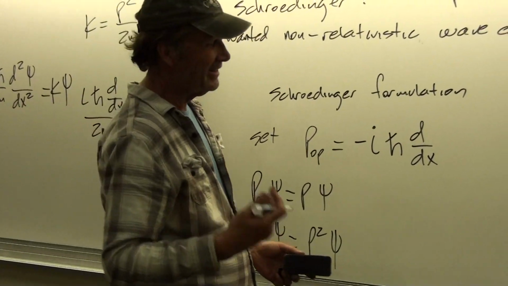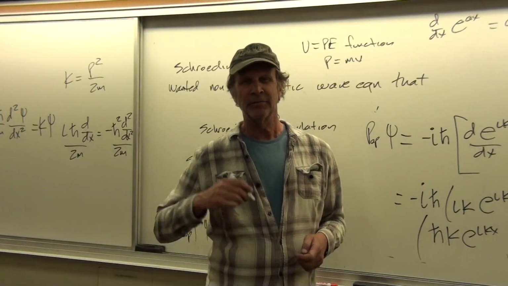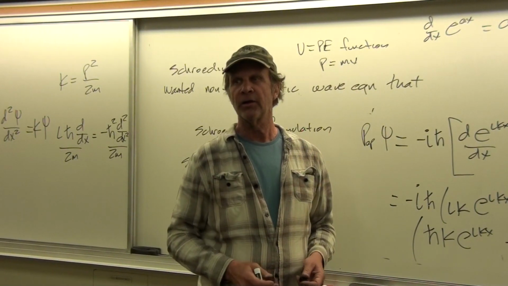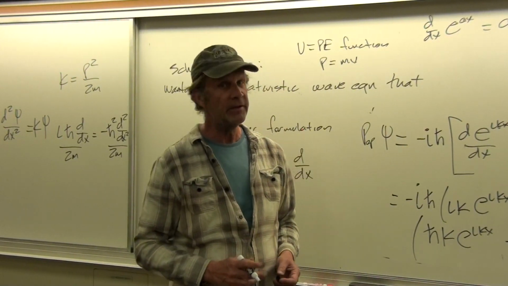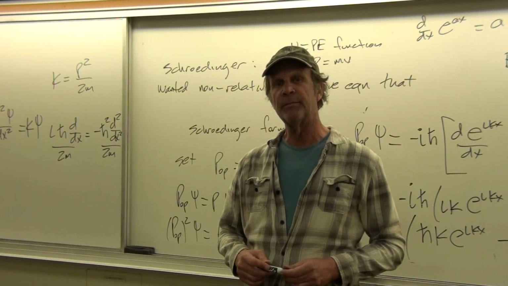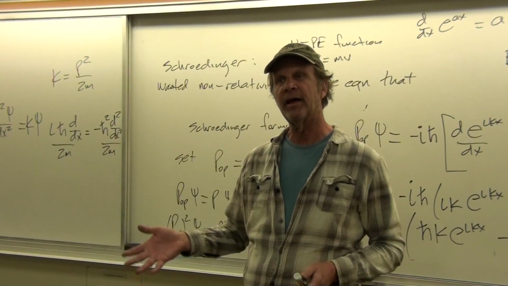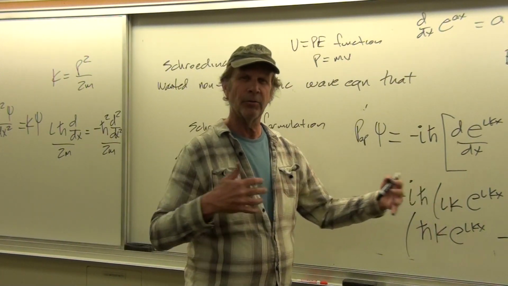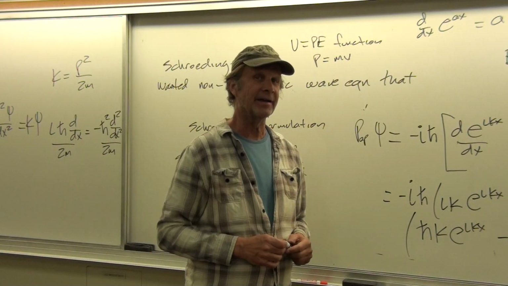Now that seems kind of abstract. What is it that's happening when we do an operation on a wave function? Well, physically, we could think of that as being a measurement that we make of the system. And so by applying the momentum operator, we're essentially measuring the system in a way that could give us the momentum back again.